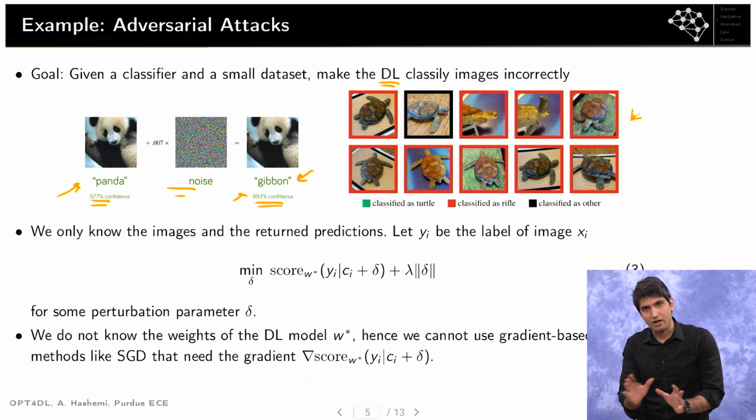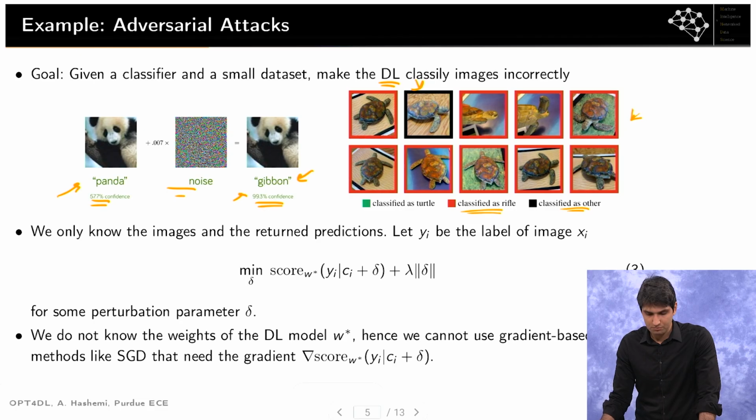They've used some ideas that I'm going to talk about in a moment, in addition to 3D printing, to come up with a turtle such that when you show it to, let's say, a camera that is linked to a deep learning model, it is not going to be able to classify the turtle as a turtle at all. Here I'm showing some examples, and in all of these examples, the turtle is misclassified. In most of them it is classified as a rifle, and in this specific example, it is classified as something else, but not turtle.